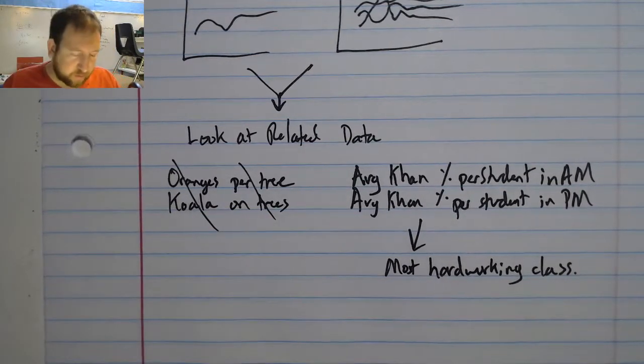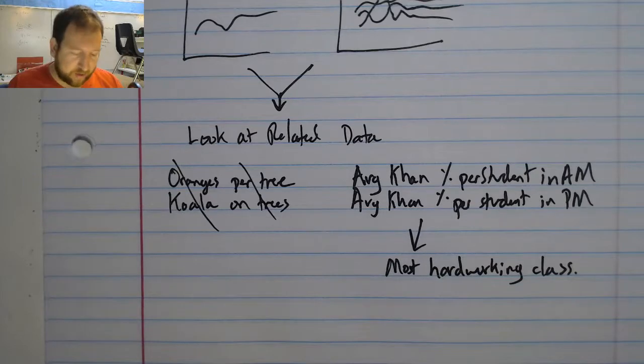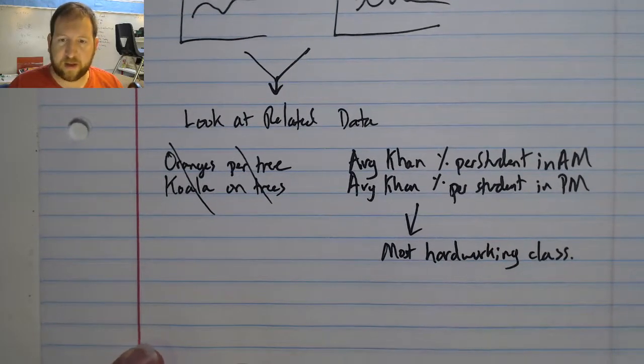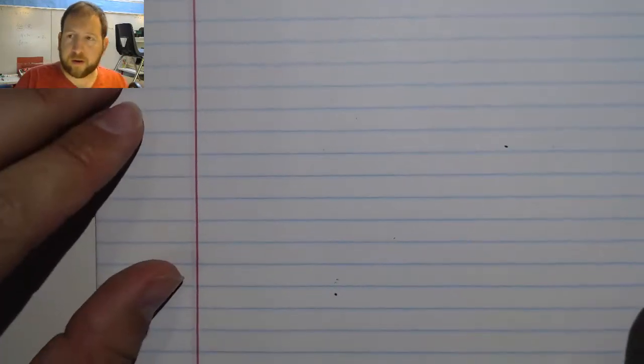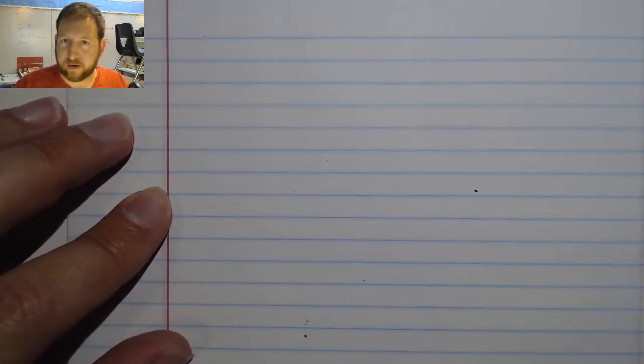All right, we are going to build a chart together, and I kind of ran out of space on this page, so I'm going to turn the page and show you how I would build one. Okay, we are going to look at the data of population again, because it's a very easy one to look at changes.